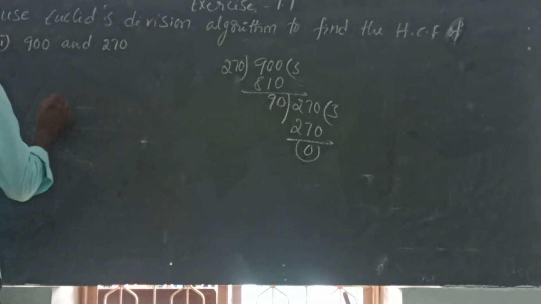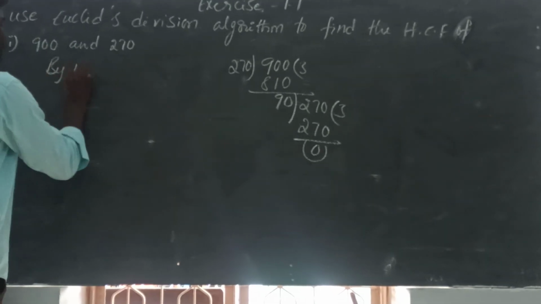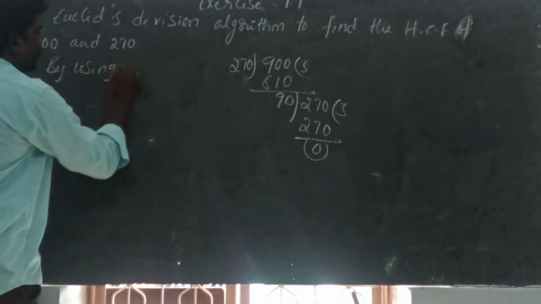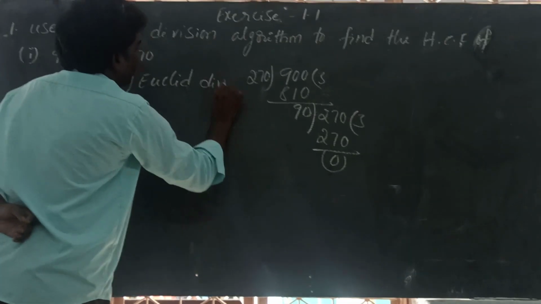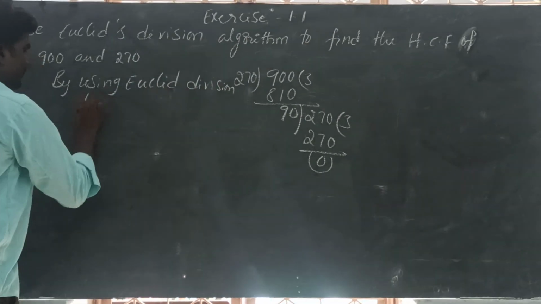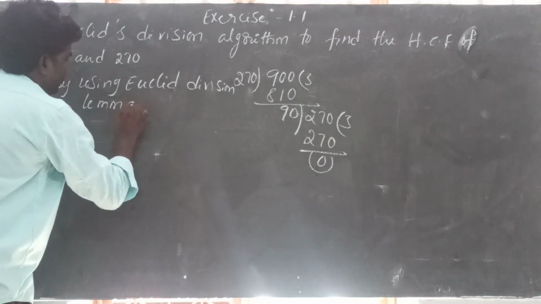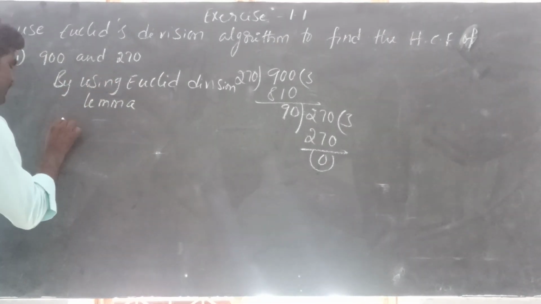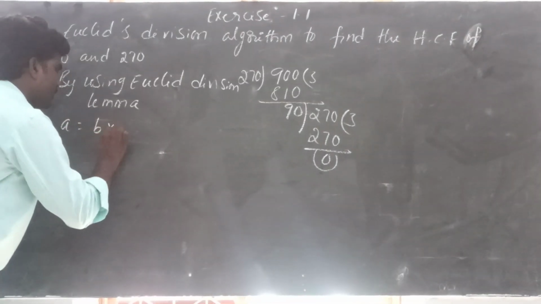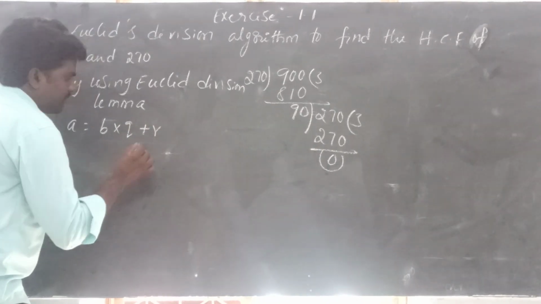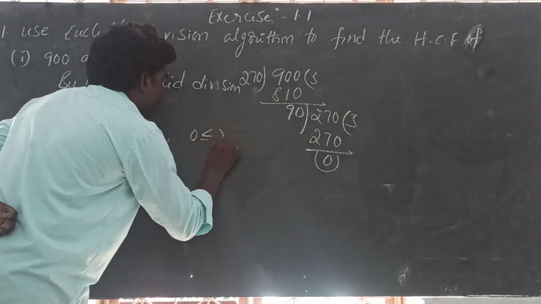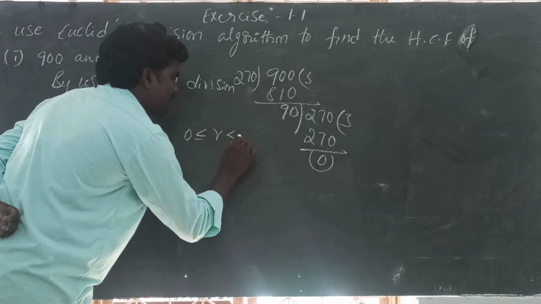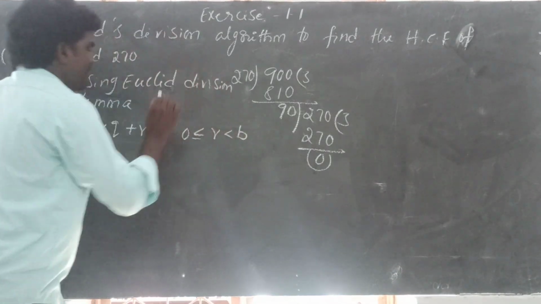Okay, so here by using Euclid division lemma. Here, what is the Euclid division lemma? a is equal to b into q plus r. The condition of the remainder is greater than or equal to 0 and less than the divisor.